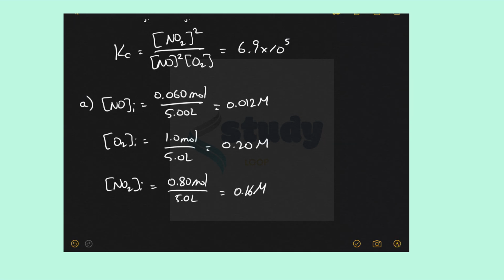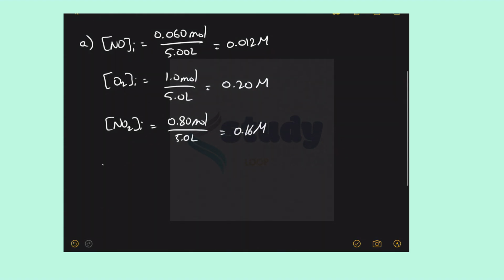Now from here, what we're going to do is calculate a trial value, a quotient, which is going to be equal to the molarity of NO2 initial. These are all going to be based on initial values: NO initial squared, O2 initial. We have all of these values.